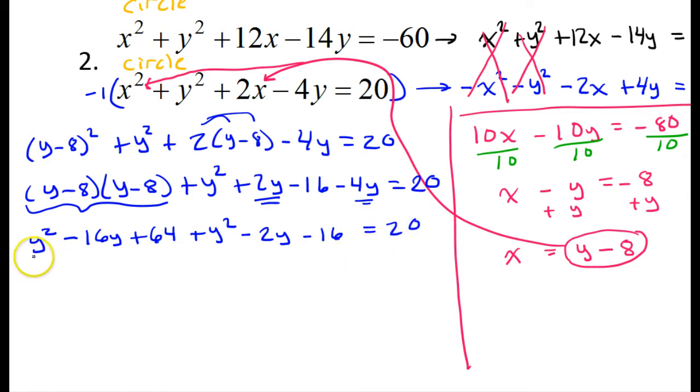Now I'm going to go ahead and combine these like terms. So that's going to make 2y squared. I'm going to go ahead and combine the negative 16y and the negative 2y. So that'll give me negative 18y. And I'm going to go ahead and combine the 64 and the negative 16.